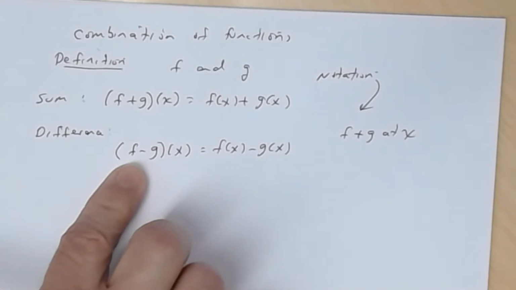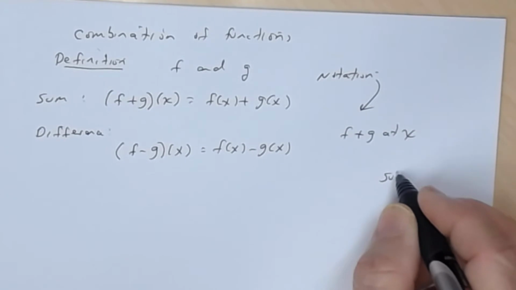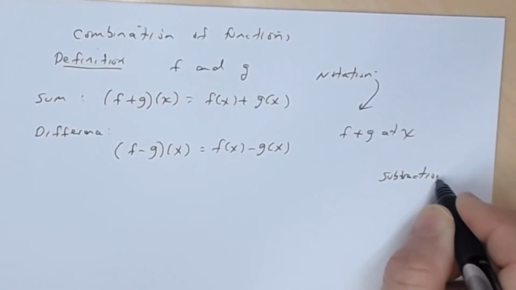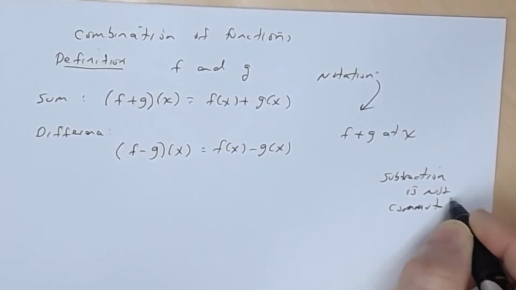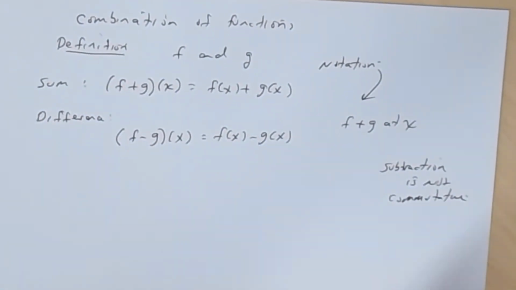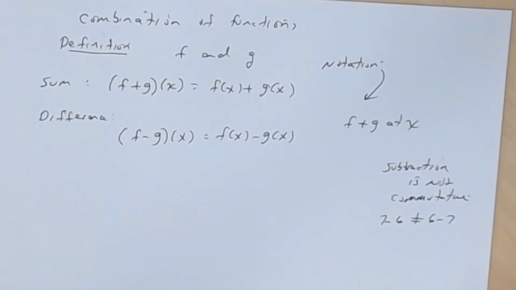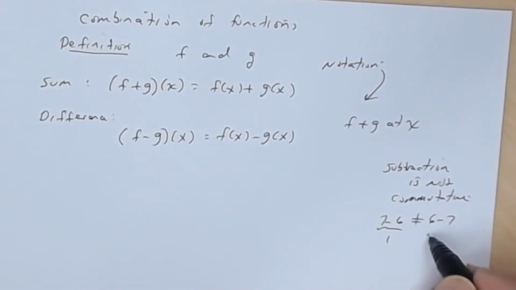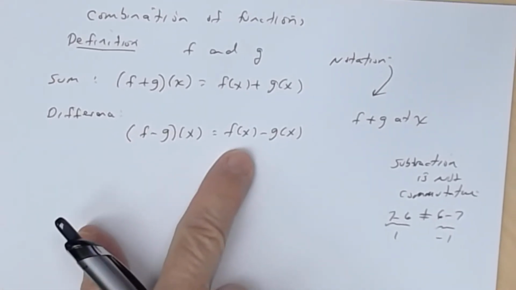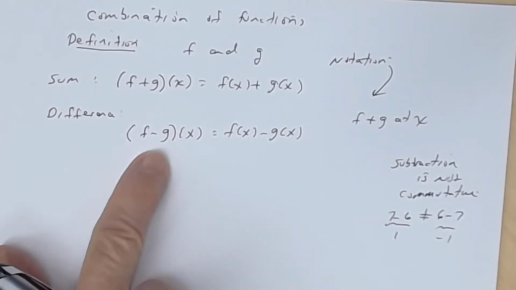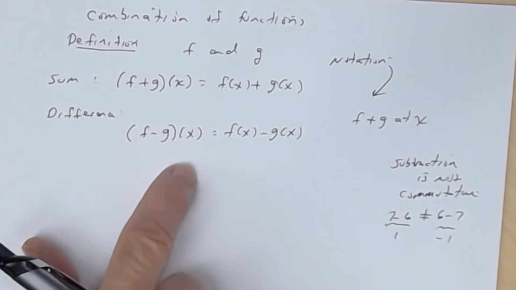But subtraction is not commutative. Meaning 7 minus 6 is not the same as 6 minus 7. You notice that this is 1 and this is negative 1, so they're not the same. So if f is listed first, you have to put f first here. So f minus g at x means f of x minus g of x.